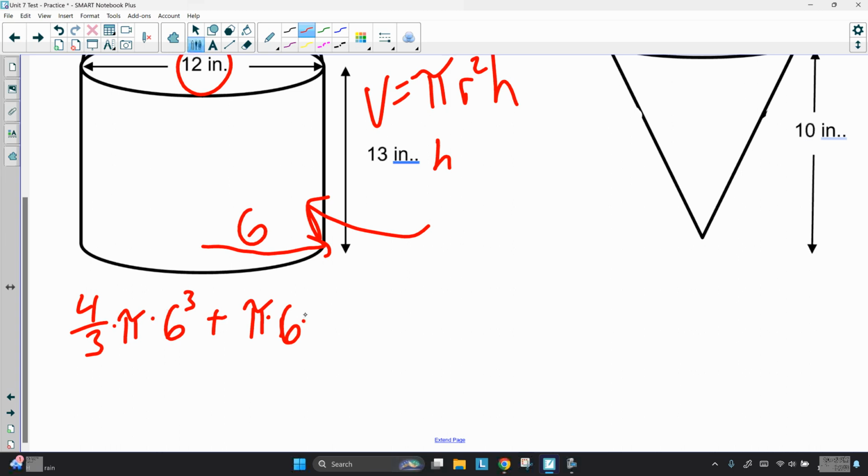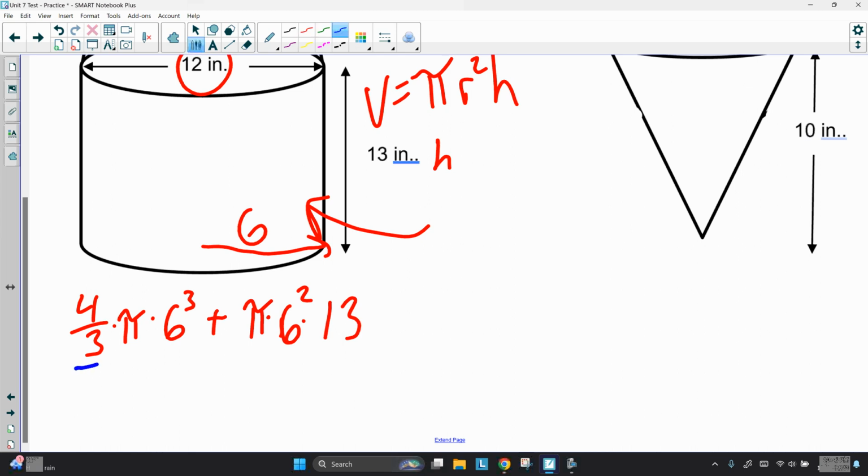Again, we are using 3.14 for pi, so I'm just going to pull up my Desmos. Oh, you are absolutely right. I got carried away. This is a hemisphere, which means we got to divide this by 2.